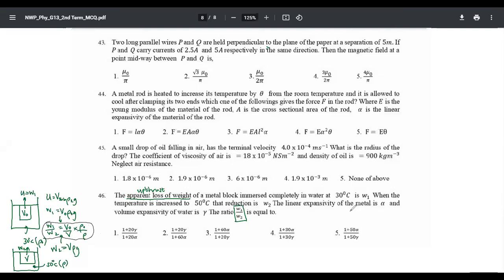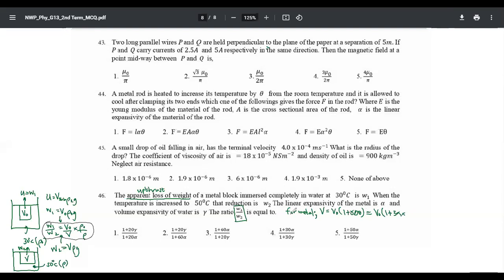First start with the metal. For the metal, the equation we can write is the volume expansion equation. New volume is equal to initial volume into 1 plus 3 alpha delta theta. Hope you can agree with me on that. Instead of gamma, you can put 3 alpha. So V equals V naught bracket 1 plus 3 alpha into the temperature difference.